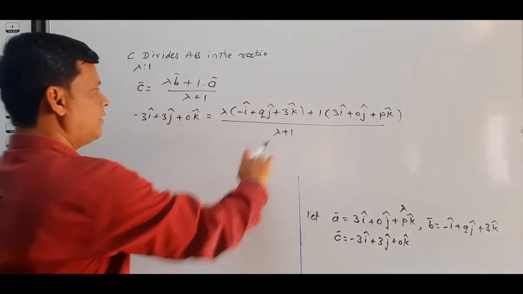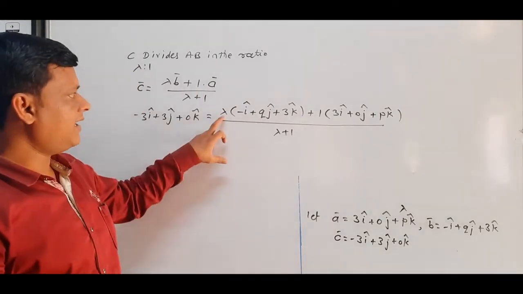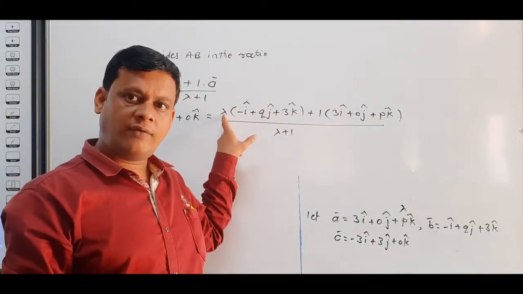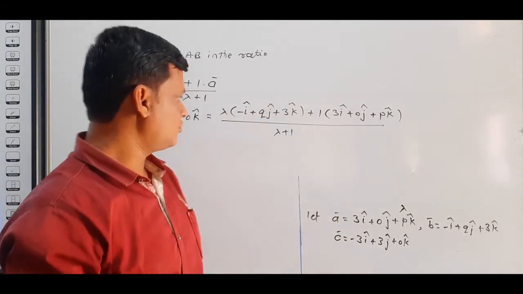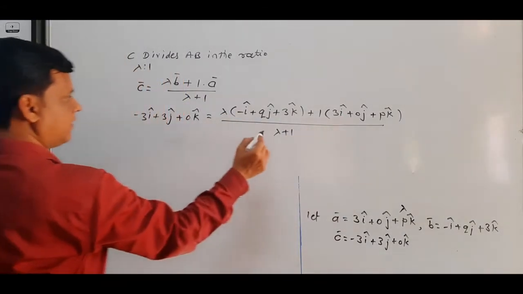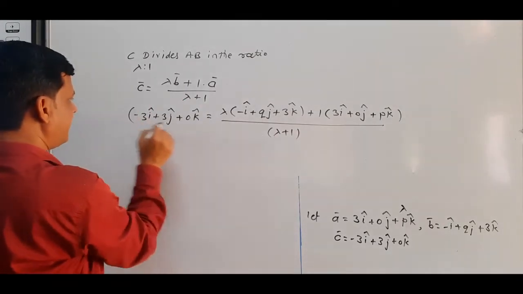So here we first multiply lambda to each term of the first bracket and remove the second bracket. We transfer this lambda to the left hand side.